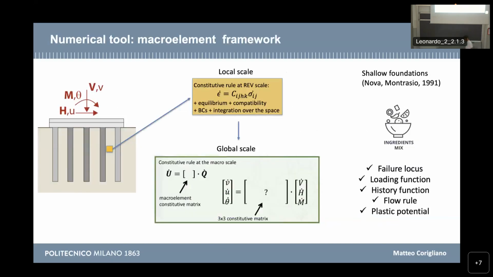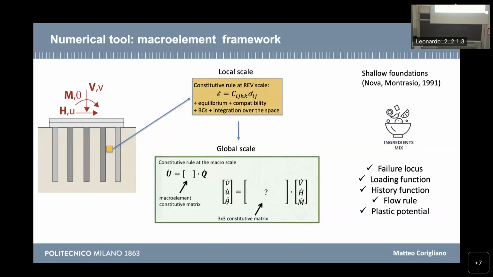And ideally, what I want to propose is a simple tool that is capable also of accounting for the displacement of the foundations for this typical geometry.